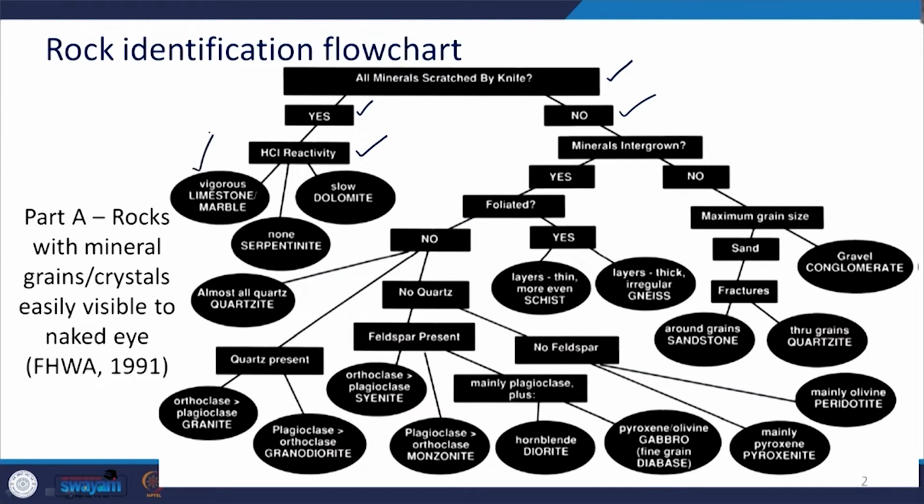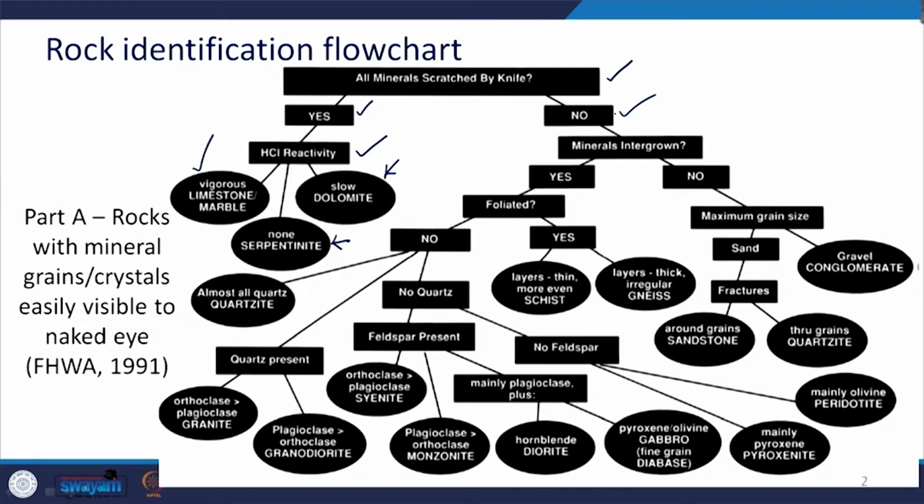If they do not have any reactivity, then it can be serpentinite, and if it shows slow reactivity, then it is the dolomite. Okay. Now, this is all about when all the minerals are scratched by a knife. Now, come to the next branch, when they are not scratched by a knife.